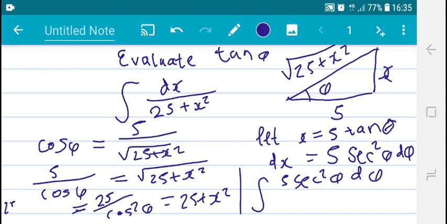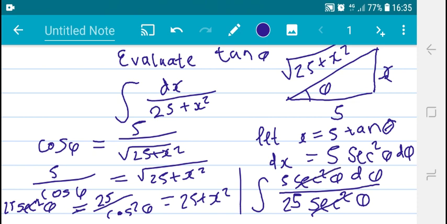So it's the same thing here, saying it's 25 secant squared of theta, since we're substituting back for this. So it's just 25 secant squared of theta. And now you can cancel the secants.